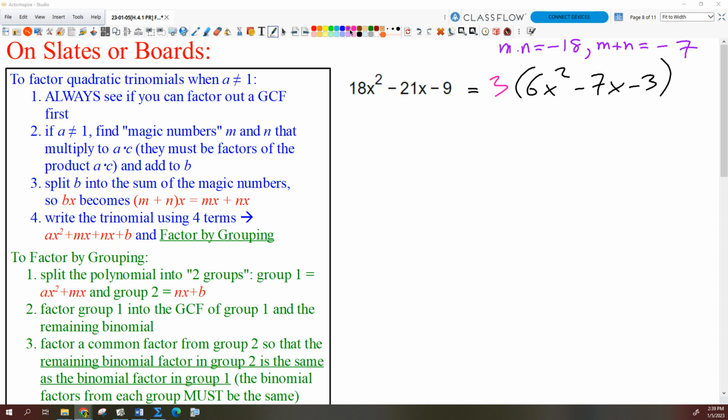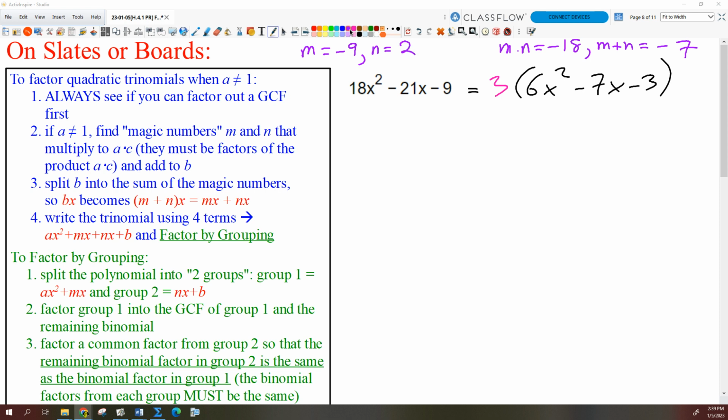So what numbers multiply to negative 18 and add to negative 7? No, because one has to be negative. Negative 9, positive 2. There we go. Okay, so m equals negative 9, n equals positive 2.